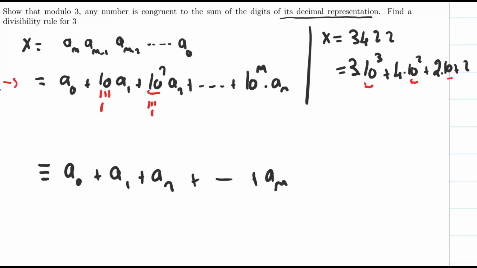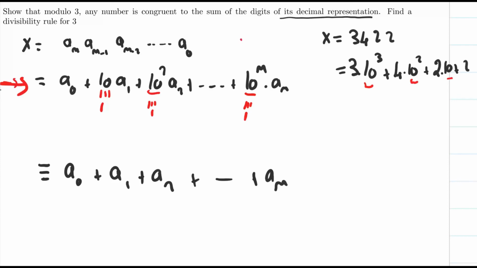And 10 to the power n is congruent to 1 to the power n, which is still 1 modulo 3. So all of the powers of 10 are congruent to 1 modulo 3. So this equality here, if I take it modulo 3, all the powers of 10 I can replace by 1. And so I get the criterion.